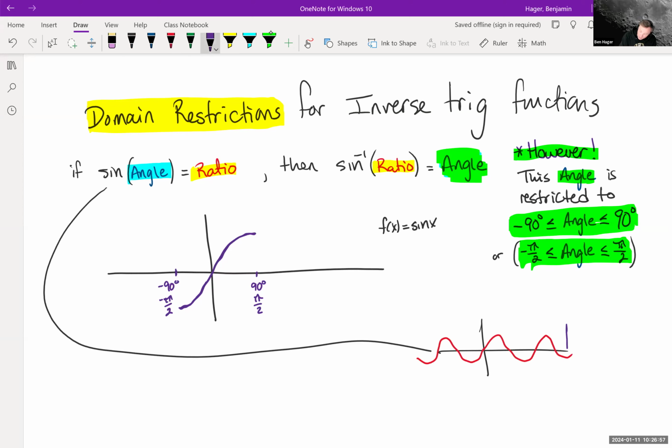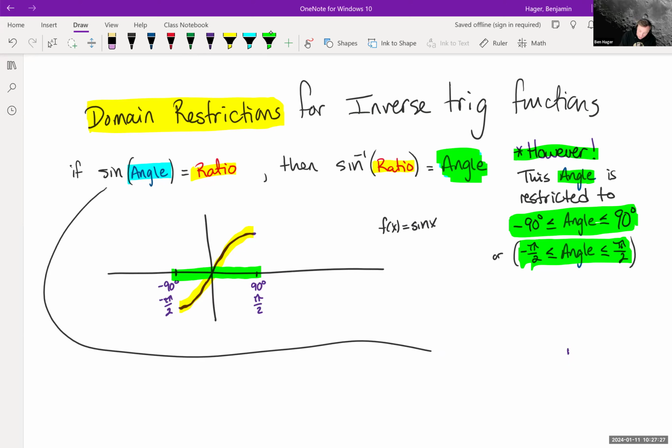Even if it's an angle way down here, plug it in, boom, there's your corresponding ratio. For the sine inverse function, however, it only knows this region. It only knows and understands this little piece. It's not a complete sine wave. So when you plug a ratio into the sine inverse function, it's going to spit out some angle that's only between negative 90 and 90, or negative pi over 2 and pi over 2.